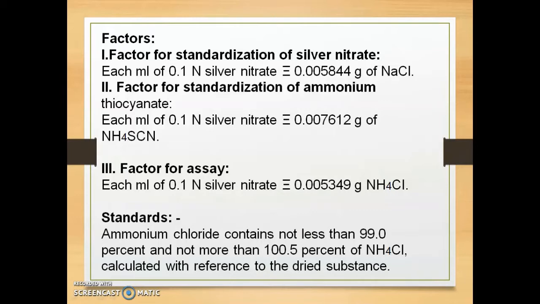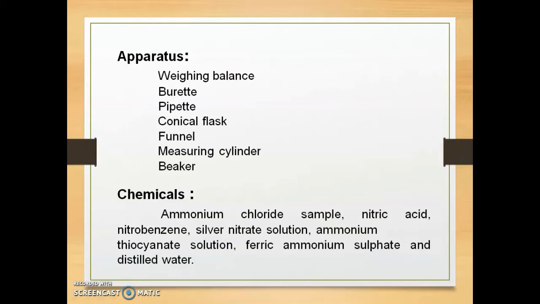The factor for assay: each ml of 0.1 normal silver nitrate is equivalent to 0.005349 gram of NH4Cl. Standards: ammonium chloride contains not less than 99% and not more than 100.5% of NH4Cl, calculated with reference to the dried substance.